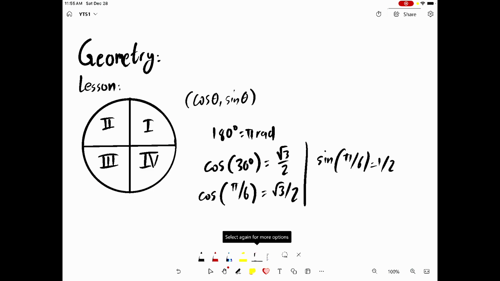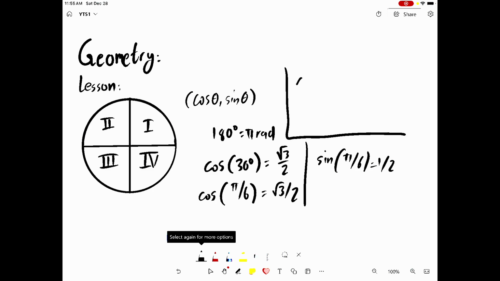Now let's move on to 45 degrees. For 45 degrees, the special thing is cosine theta is equal to sine theta is equal to the square root of 2 divided by 2. That's about it for 45 degrees. Now for 60 degrees, it's the exact opposite of 30 degrees.